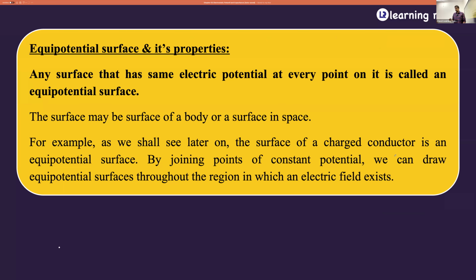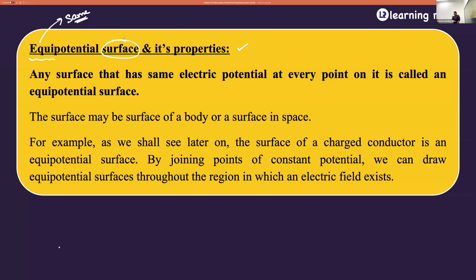Yeah. So next we'll see a very important topic, which is called the equipotential surface and its properties. Here, the word equi refers to same, and you know what potential is already. When I talk about a surface, it can be a two-dimensional or a three-dimensional surface.